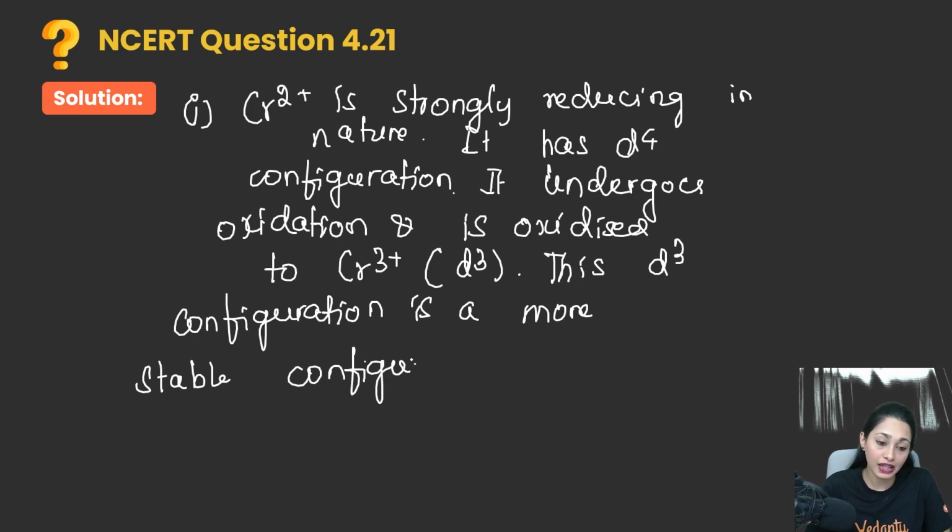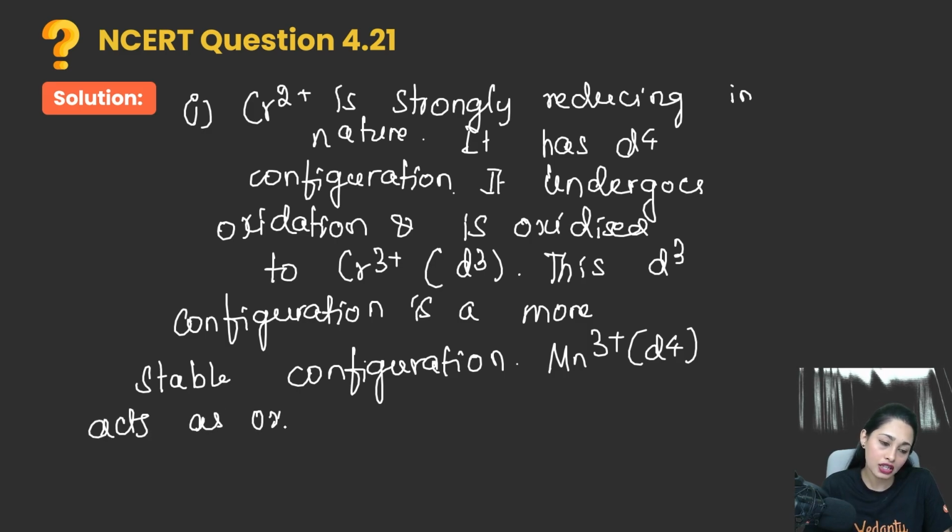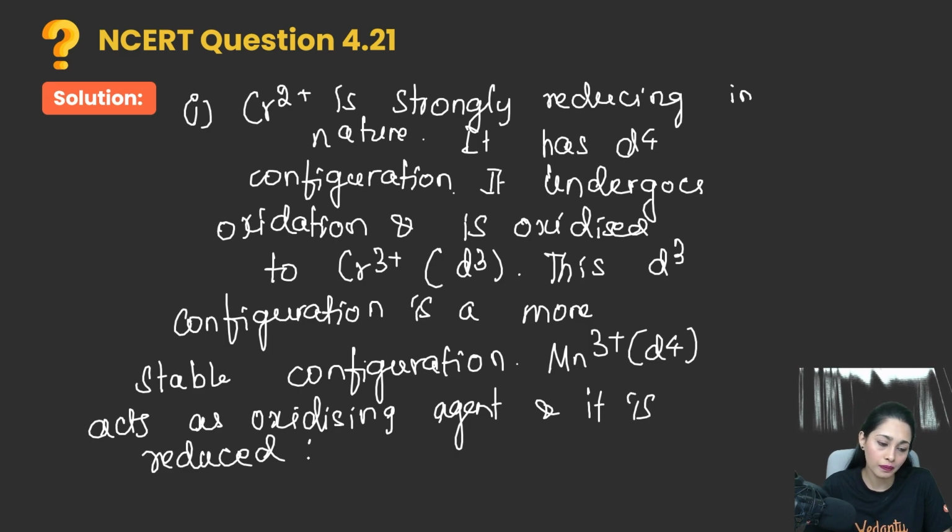But on the other hand, we have another ion, manganese, Mn3+. It is in d4 configuration and acts as an oxidizing agent, and it is reduced to Mn2+, which is d5 configuration.